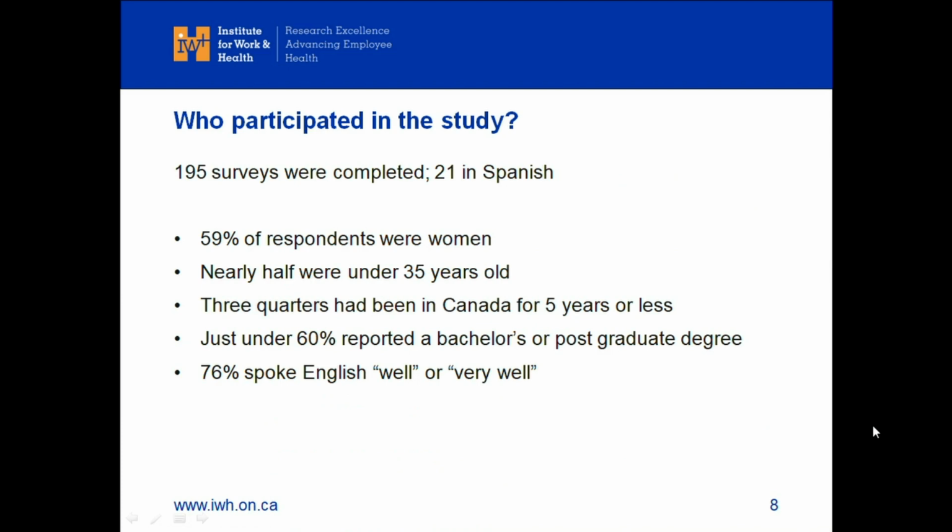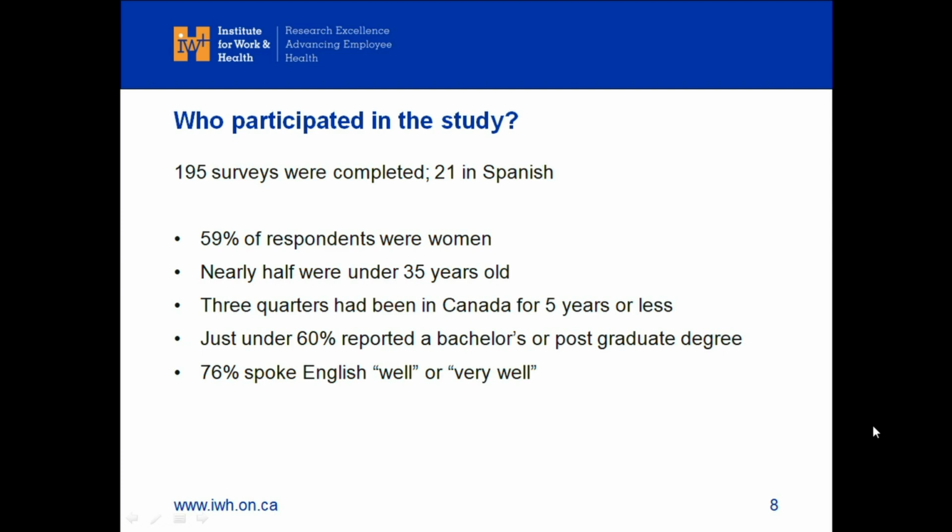So who did we speak to over the course of these 2.5 or 3 months? We spoke to a total of 195 individuals, and by we I mean our research assistants at these 4 sites recruited nearly 200 participants. 21 of those surveys were completed in Spanish, the rest in English. 60% of the individuals we spoke to were women, and nearly half were under 35, so a fairly young cohort of participants. 3/4 of them had been in Canada for fewer than 5 years.